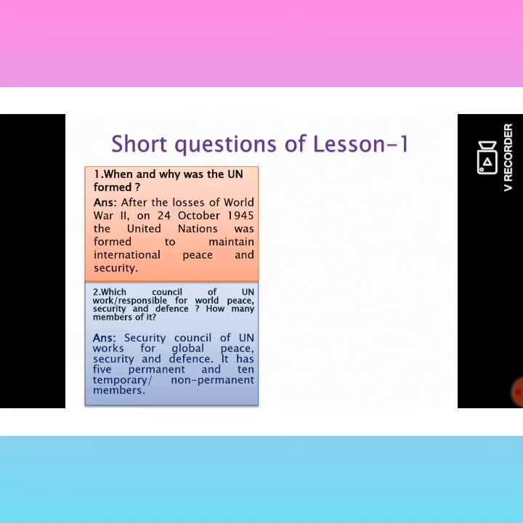It has 5 permanent and 10 temporary member countries. Total 15: 5 permanent member countries and 10 temporary member countries.